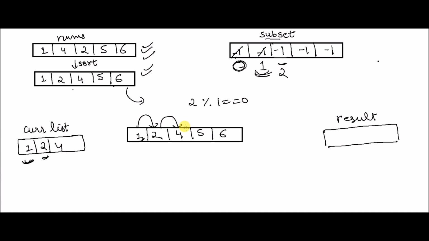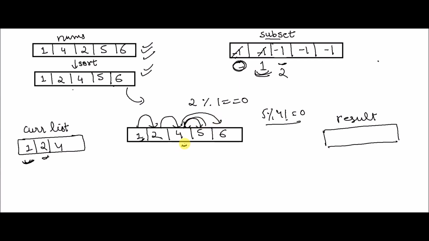Now from 4 as the previous element, I will make the next recursive call. 4 doesn't divide 5, so 5 mod 4 is not equal to 0. So we'll retract back and try the next element. From 4 we'll try to get to 6, but you can see that 4 also doesn't divide 6.